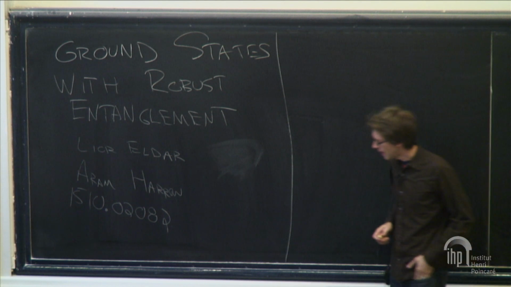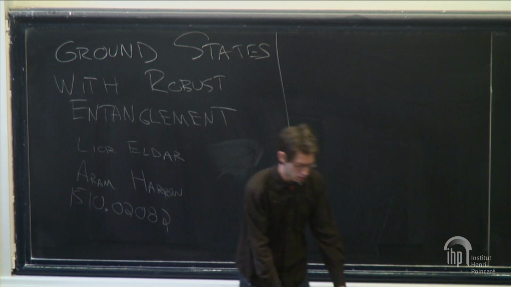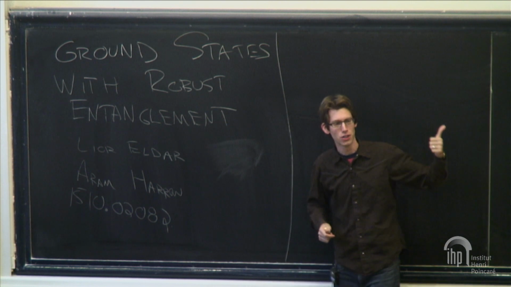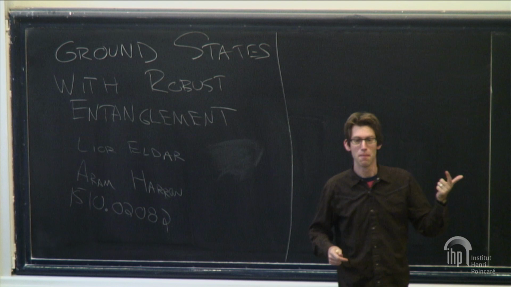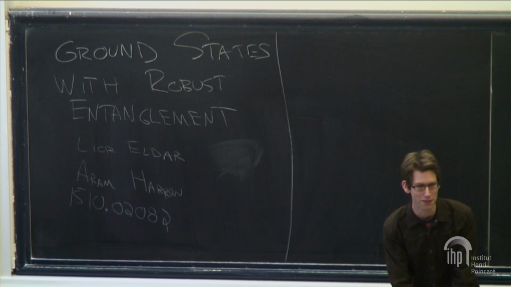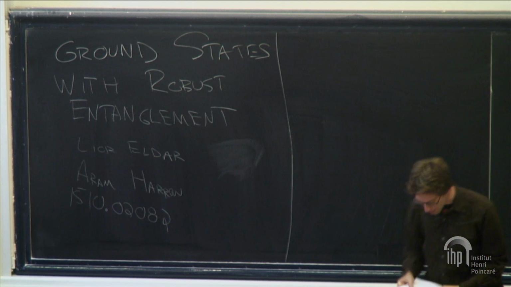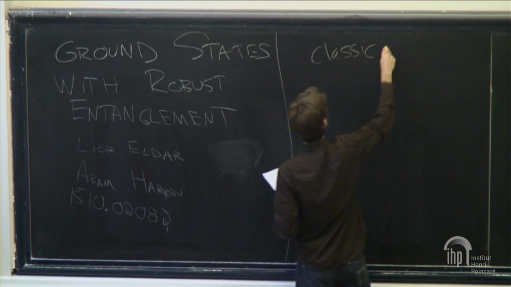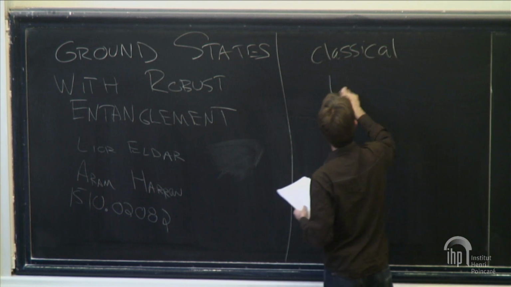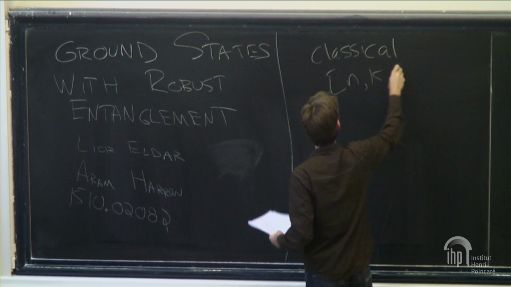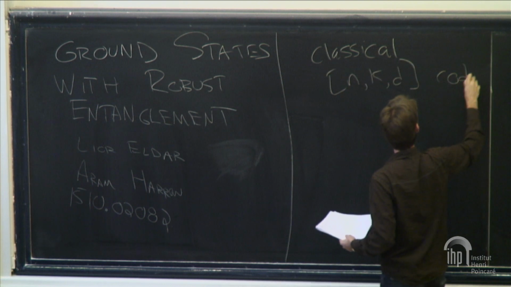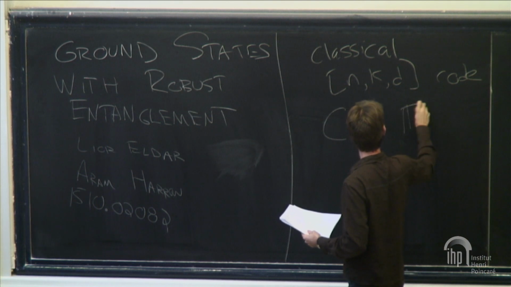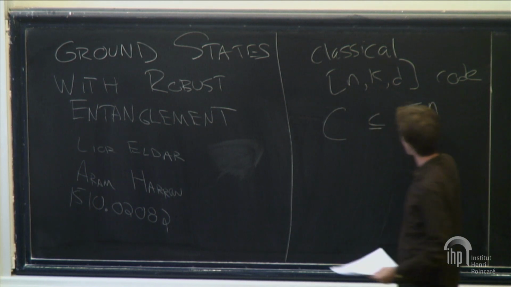Okay, so let me first tell you about classical codes. And as a warning, by the way, everything in this talk will be finite dimensional and, even worse, basis dependent. So apologies in advance. So a classical NKD code is a subset of n-bit strings.